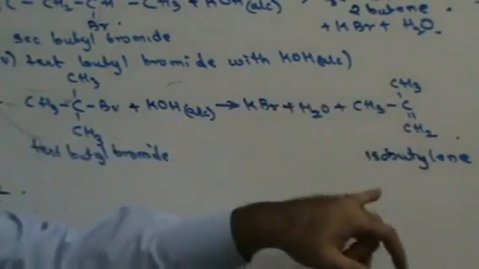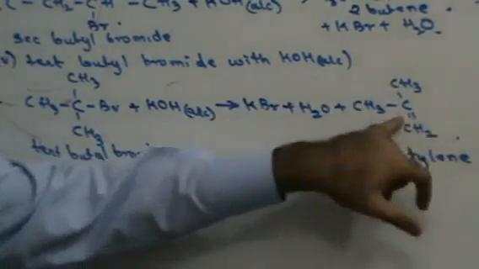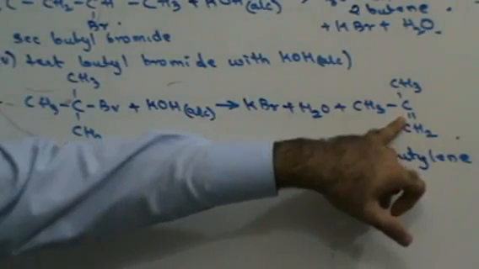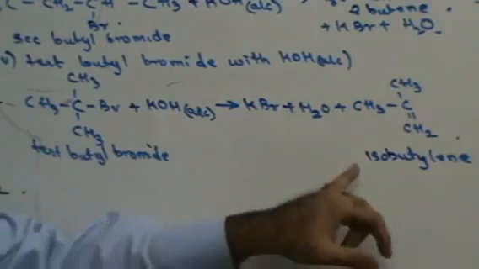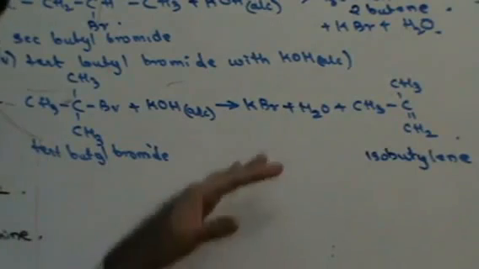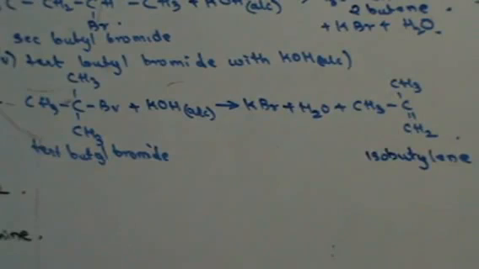But because there are 4 carbon atoms, ene because there is a double bond. So this is butene, and isobutene, you have this in the branch. If it was a straight chain compound, then I would have written that.